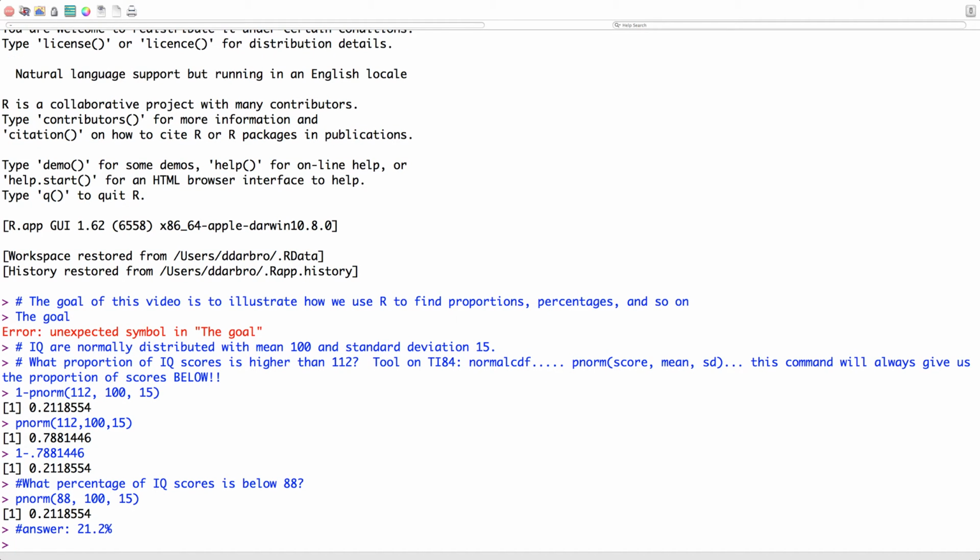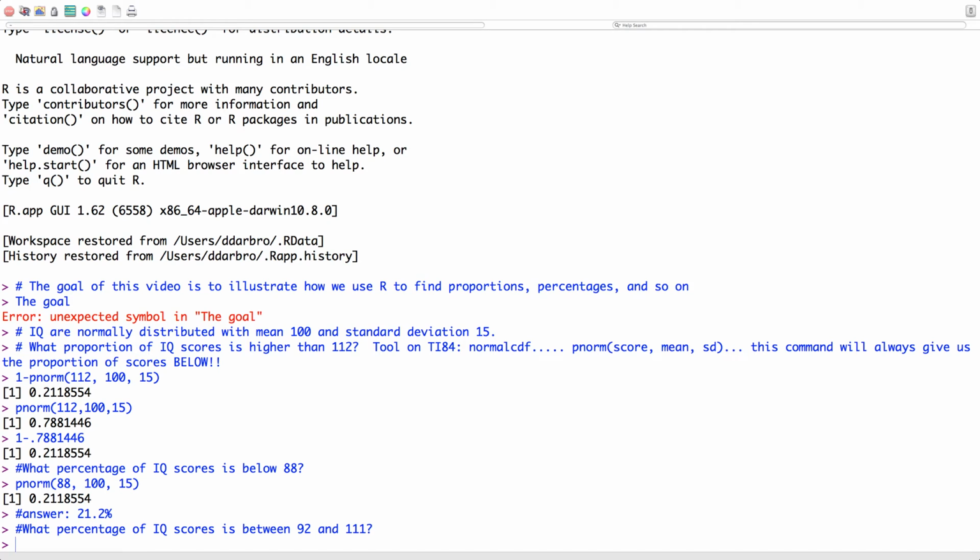Now, what if we have something like this? What percentage of IQ scores is between 92 and 111? Well, the way we work this problem is we have to do a difference of the percentages.